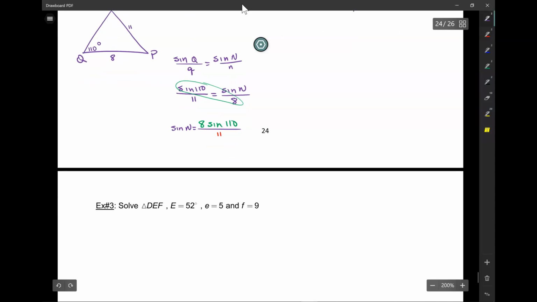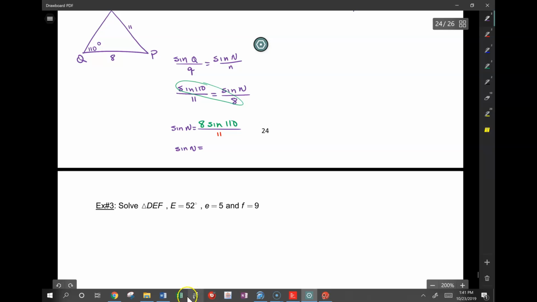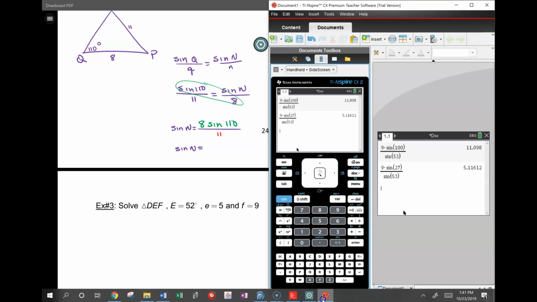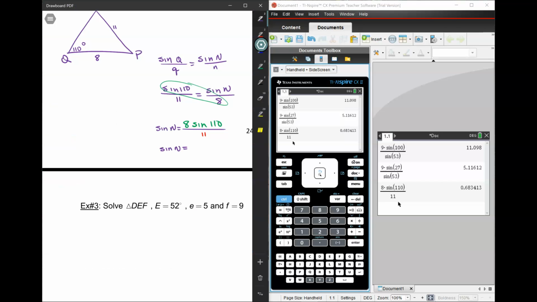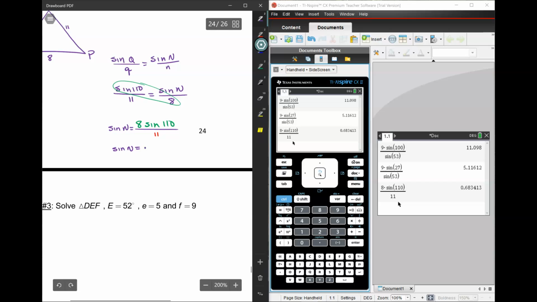So now sine of n equals 8 sine 110 over 11. Is that my answer? Nope. What do I do now? You have to divide by inverse.